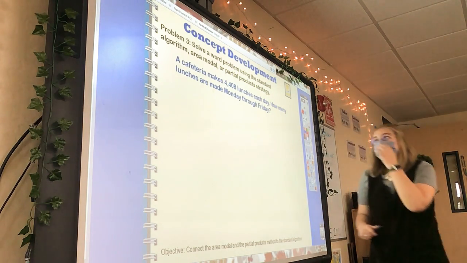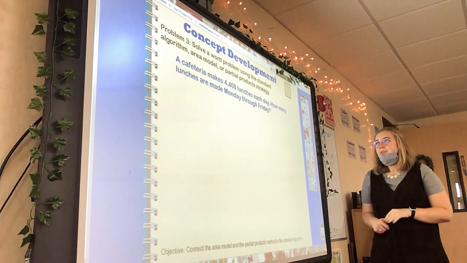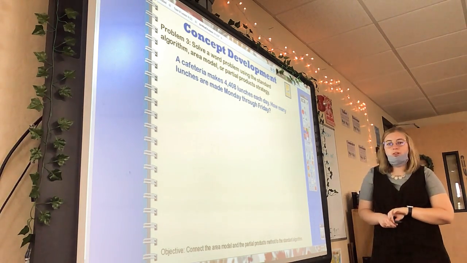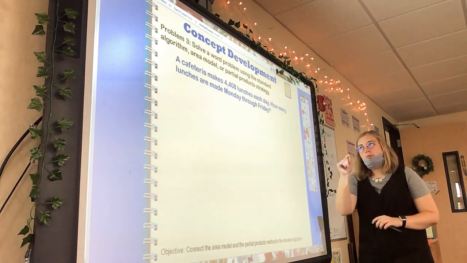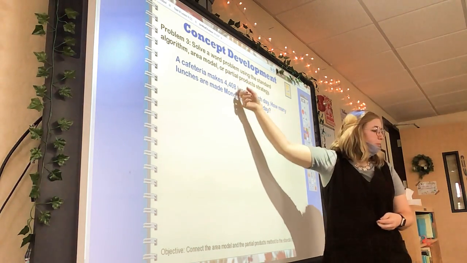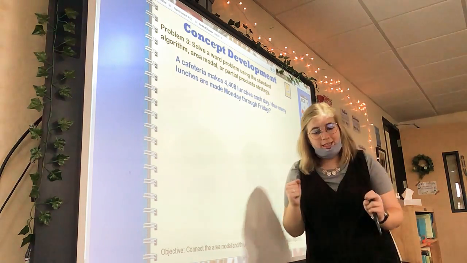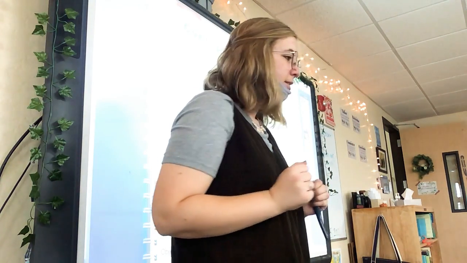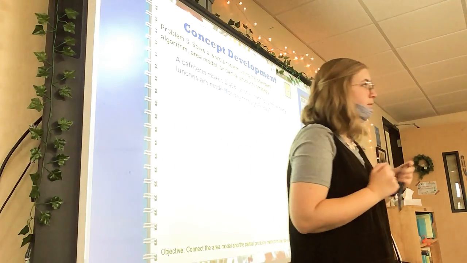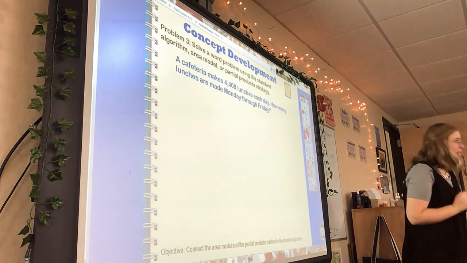It says a cafeteria makes 4,408 lunches each day. How many lunches are made Monday through Friday? First of all, we need to figure out what we're going to multiply that big old number by. It says Monday through Friday, which means the cafeteria lady makes lunches on Monday, Tuesday, Wednesday, Thursday, Friday.